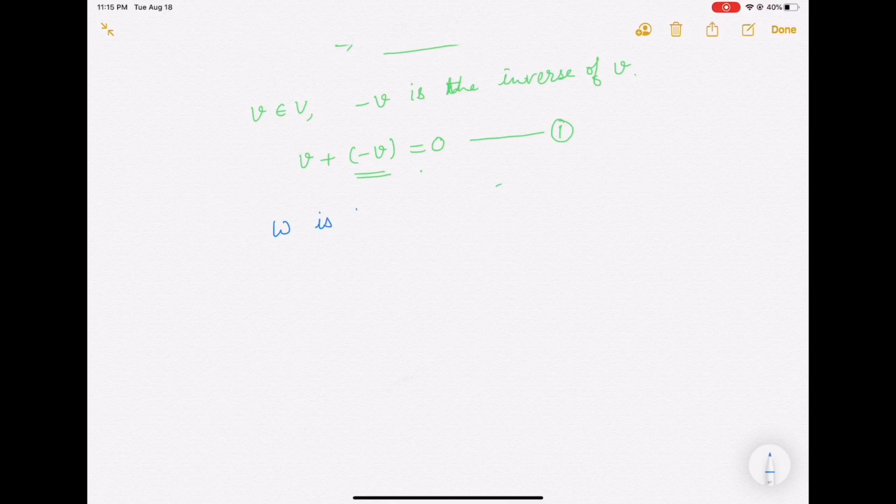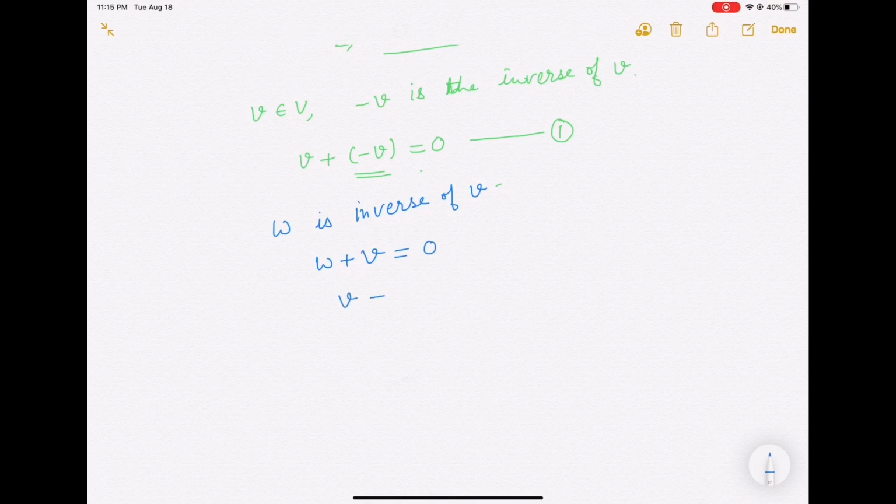Suppose w is another inverse of v. So w plus v gives us 0, the identity element.